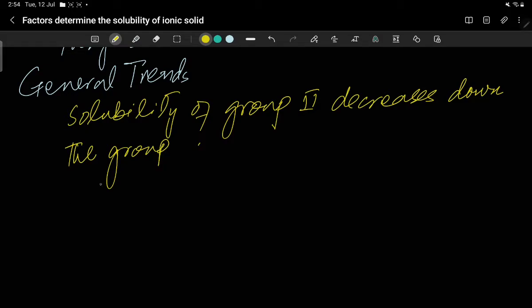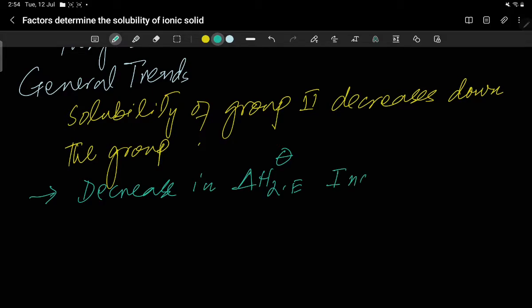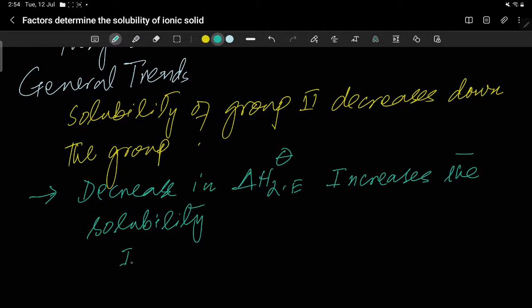A decrease in enthalpy change of lattice energy increases the solubility, and vice versa: an increase in delta H lattice energy decreases the solubility.